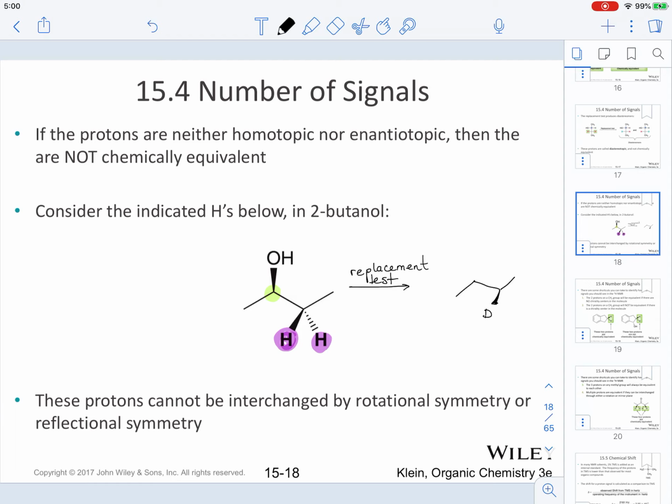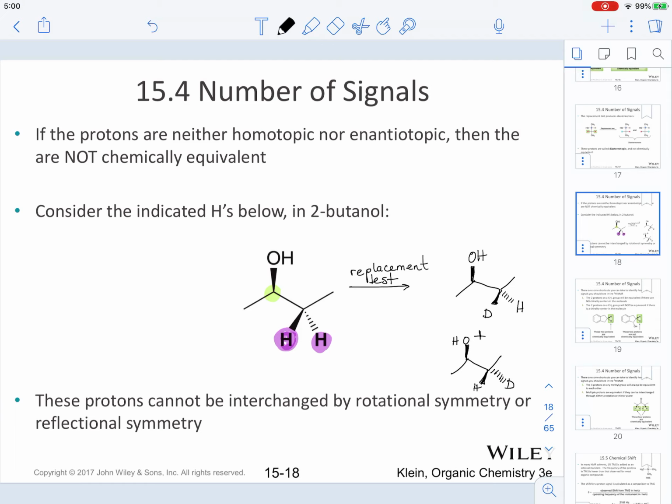We can use the fictitious atom D. And then we're going to also draw the molecule that it is paired with, corresponding to the replacement of the other hydrogen.